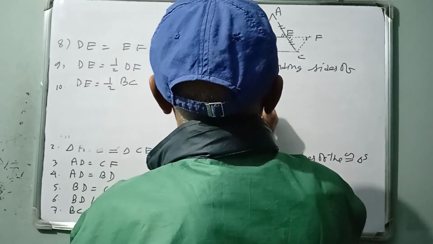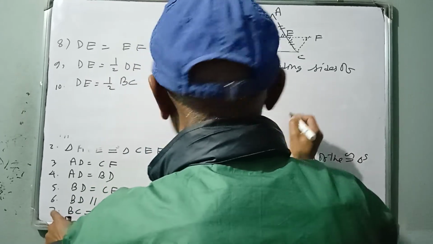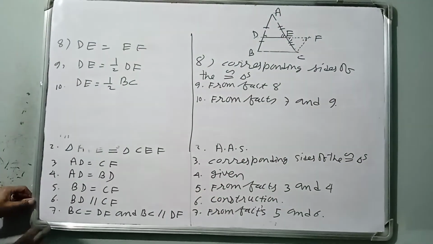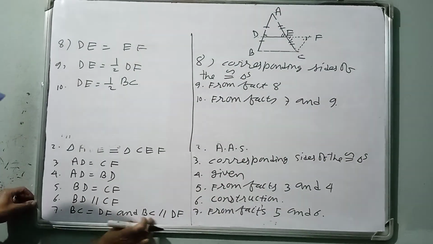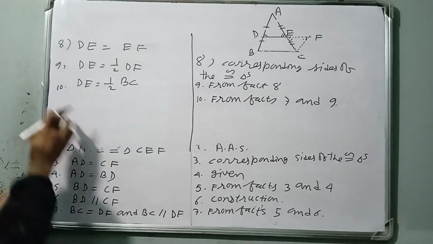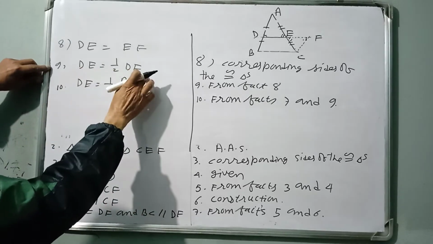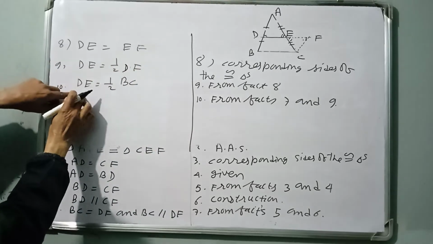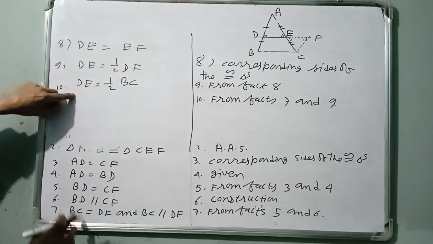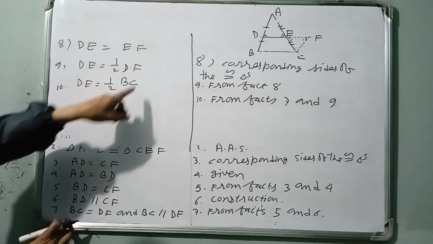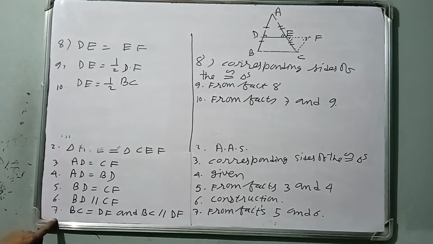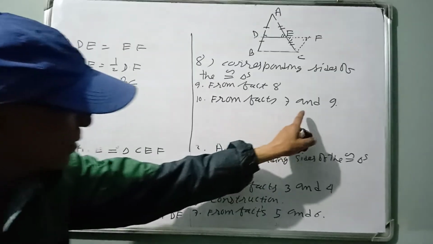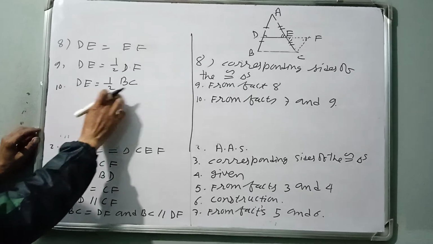From facts, where do we take it from? 7 and 9. Fact 7 says BC equals DF and BC is parallel to DF. And fact 9 says DE equals half of DF. DE is DE, half is half. From facts 7 and 9, you can write DE equals half BC.